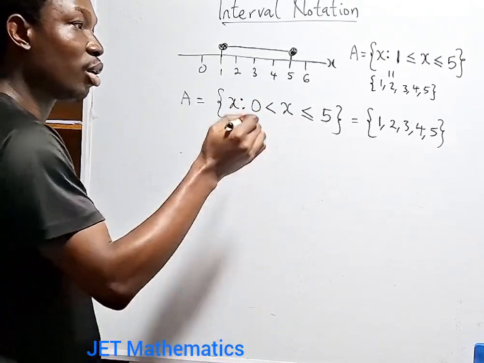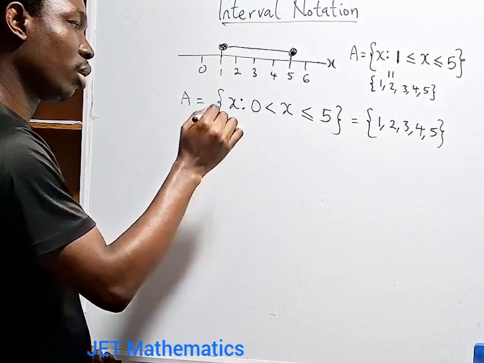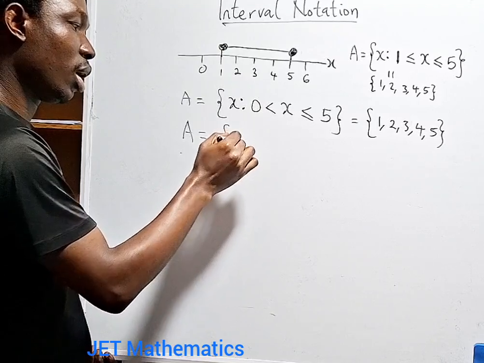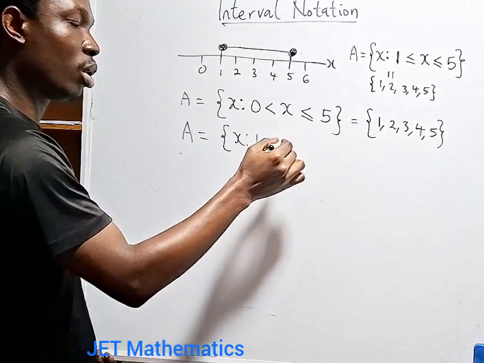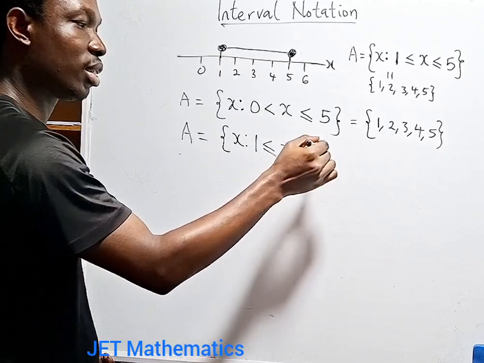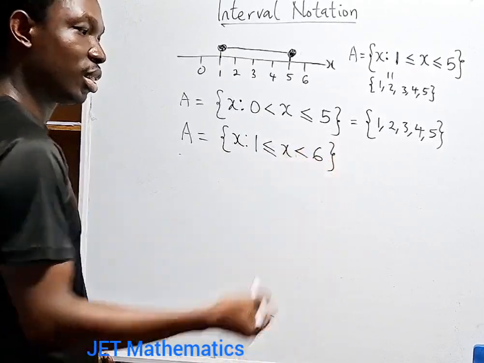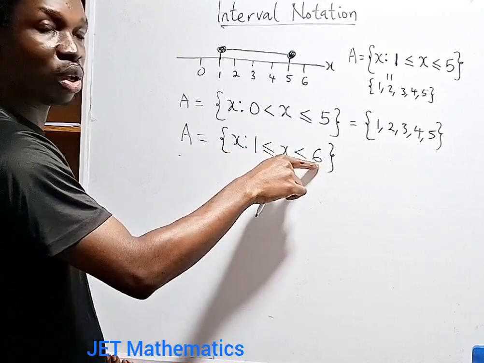Okay, I can also write it as something like this: x such that 1 is less than or equal to x less than 6. Still the same thing. It means 1 is inclusive, but 6 is not inclusive.